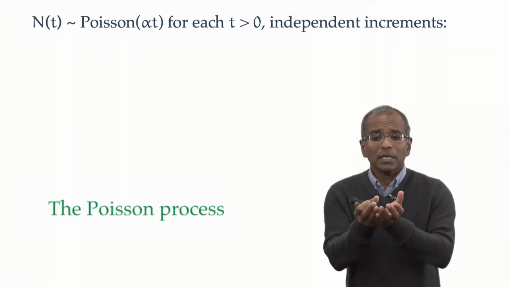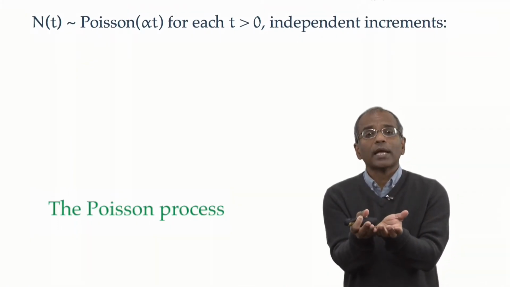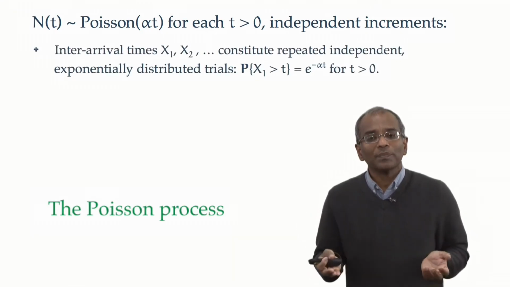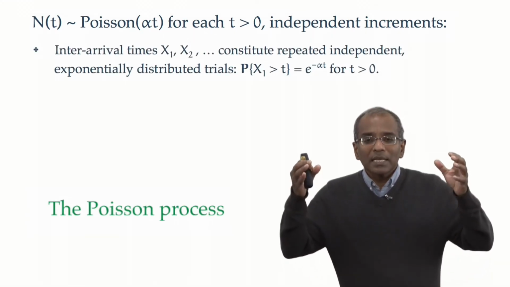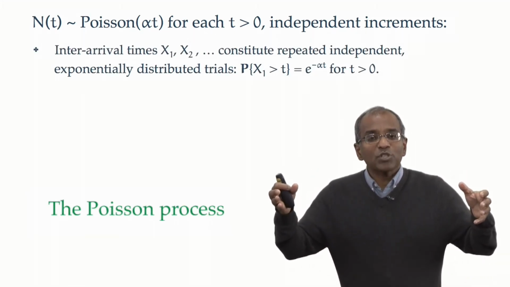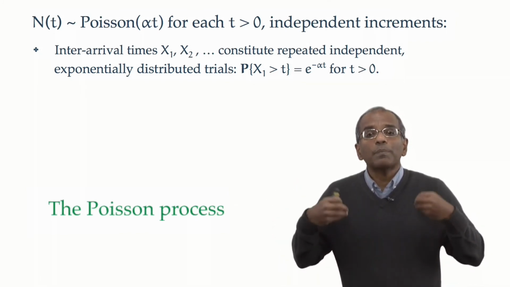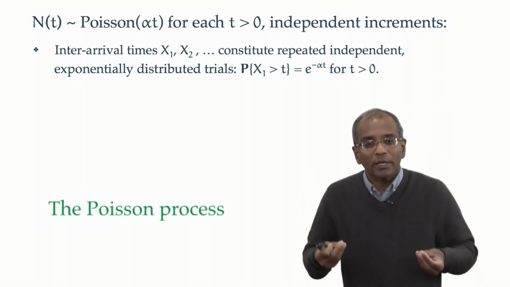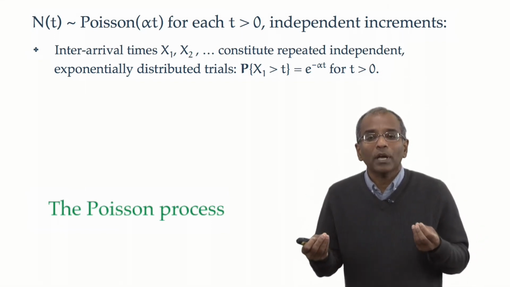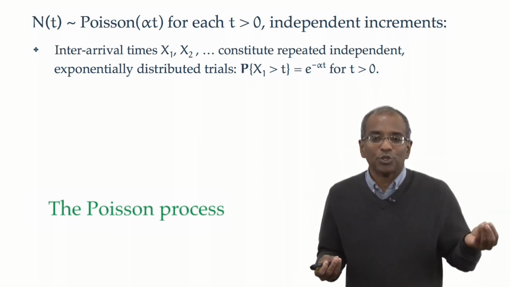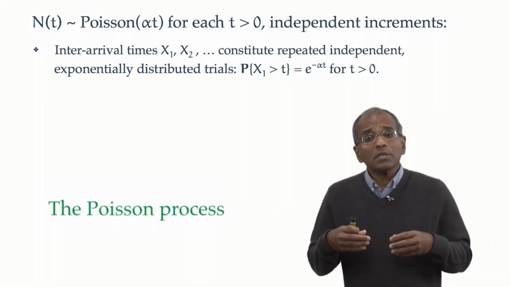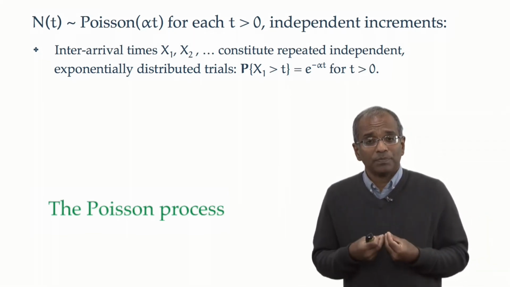We saw that one way of doing this was to look at the inter-arrival times, and we discovered that the sequence of inter-arrival times which characterizes the process is a sequence of repeated independent trials, each trial conforming to an exponential distribution. What about the arrival times themselves?